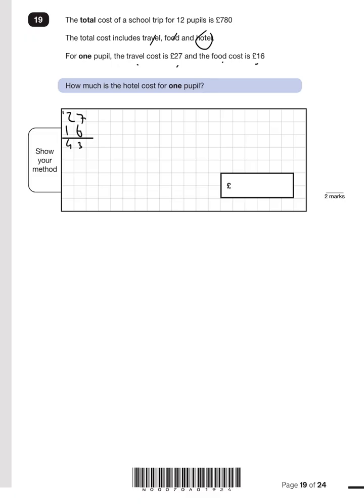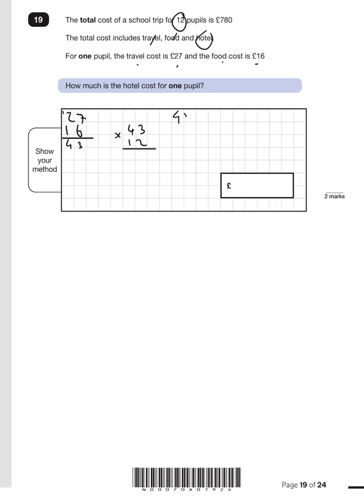We want to find out how much the hotel is, so we can do £43 multiplied by the 12 pupils. So we've got 43 multiplied by 12. I'm not going to do it this method.